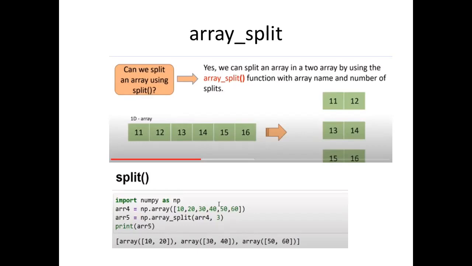So it will split as 2, 2, 2, like 3 rows. The array will be created as a single row vector. Now I want to create 3 arrays. Then you can see the output.